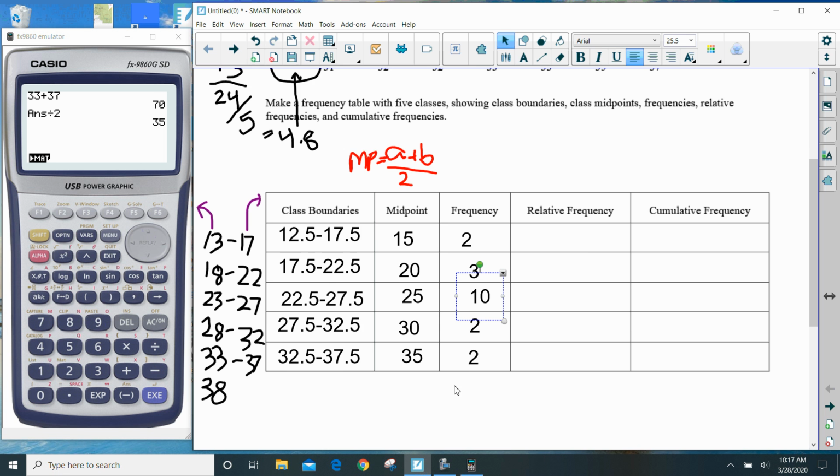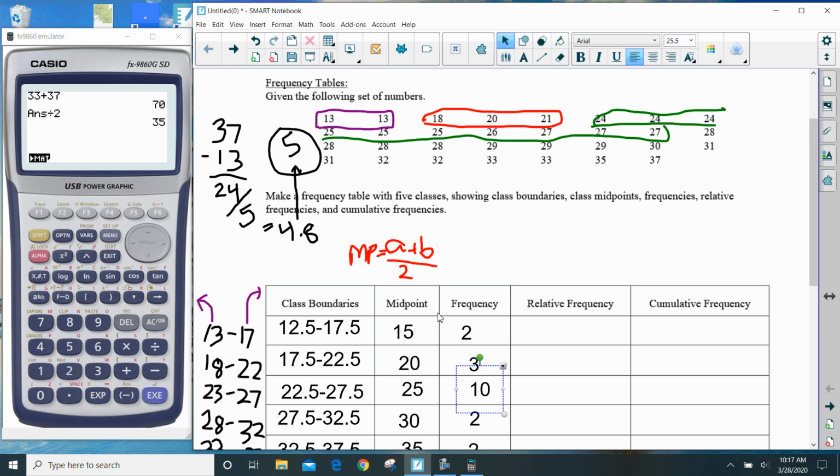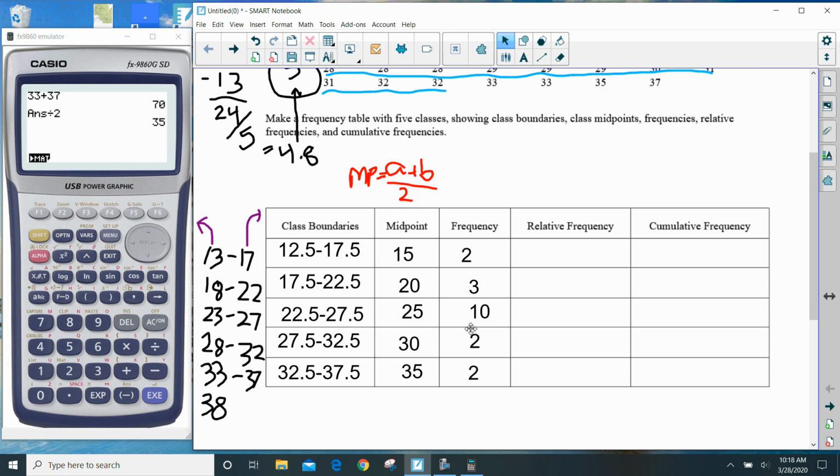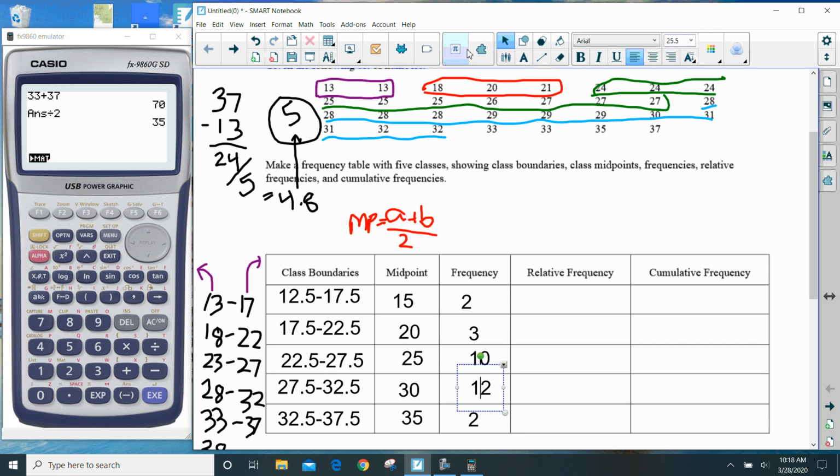And 28 to 32. Oh, this is another big one. 1, 2, 3, 4, 5, 6, 7, 8, 9, 10, 11, 12. There's 12 in that group right there. And 33 to 37 is just our last group.